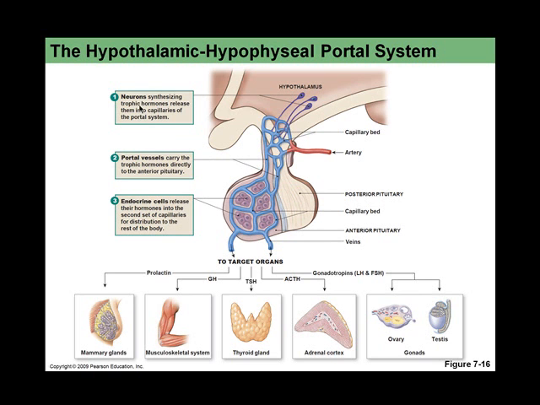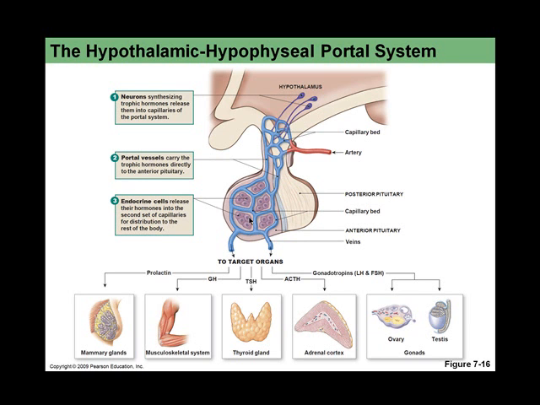The neurons synthesizing the trophic hormones release them into capillaries in the primary portal system. Primary capillary bed of the portal system. Portal vessels carry the blood from the first capillary bed to the secondary capillary bed. The secondary capillary bed is within the pituitary, the anterior pituitary.